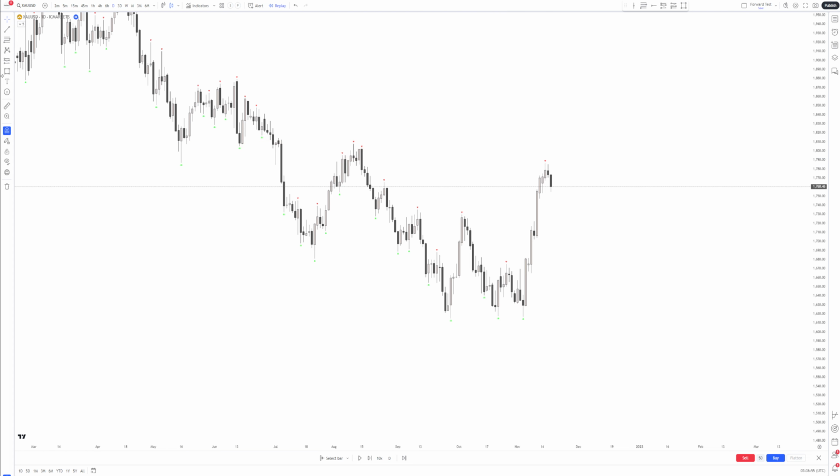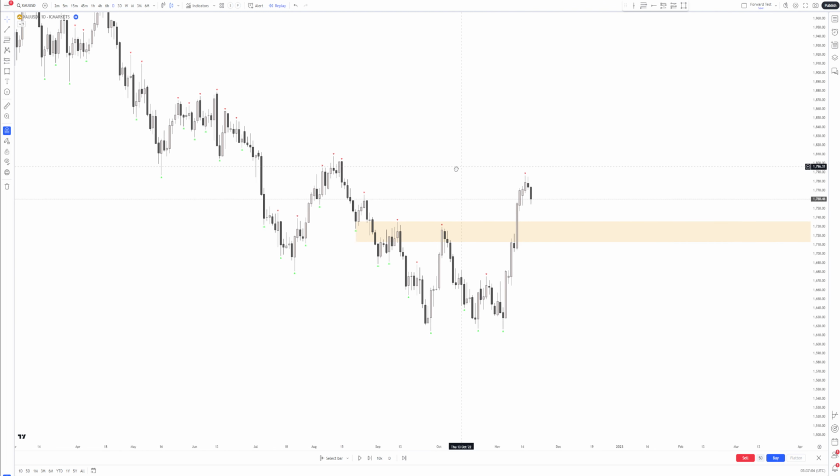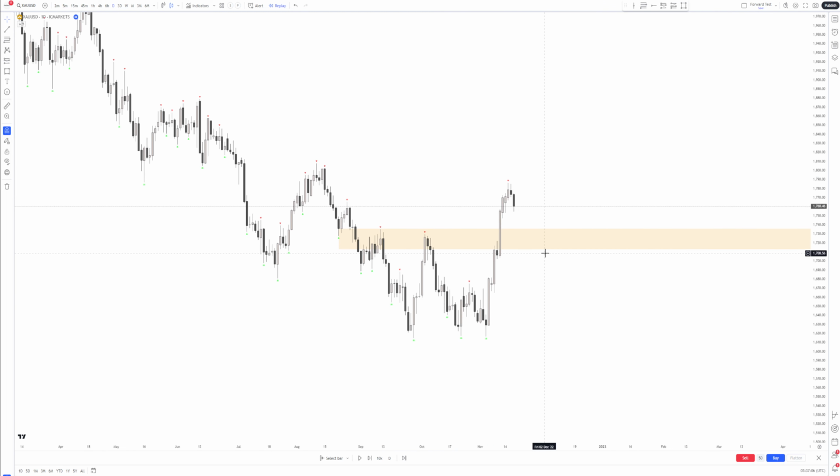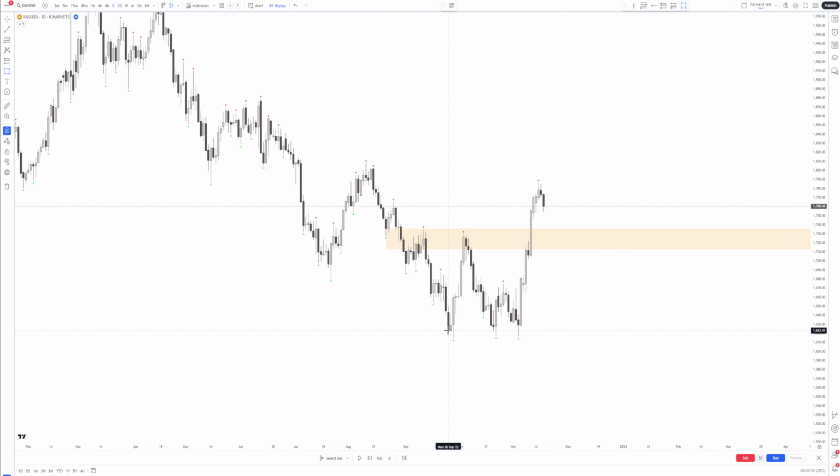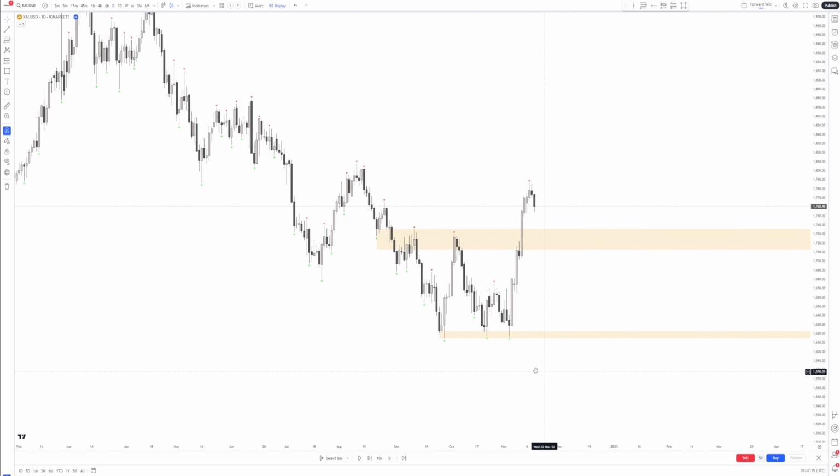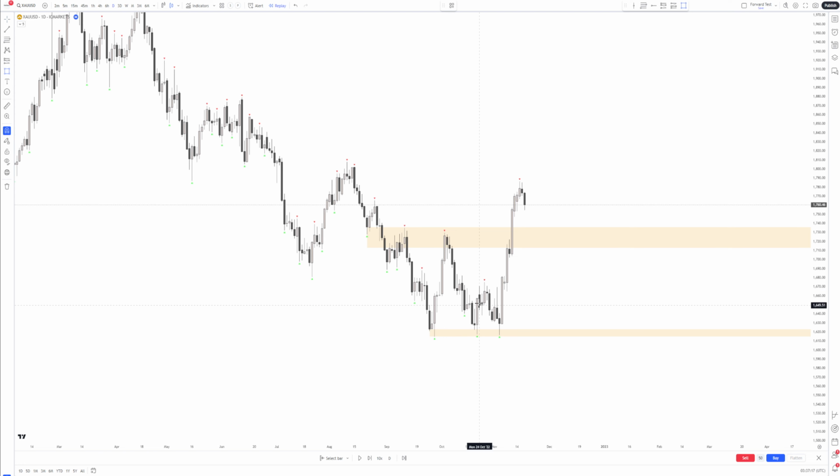But what would be interesting is potentially seeing how price reacts in this area as a support area, whether it's going to be that area or somewhat here. You can see there's support there, and we have got something just here, which of course broke out.